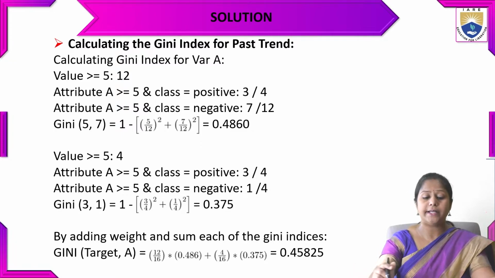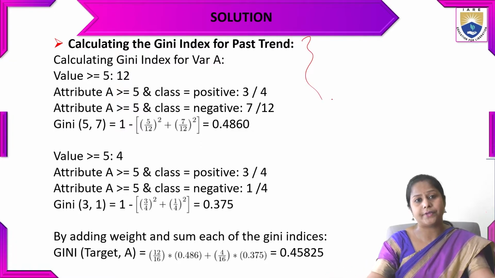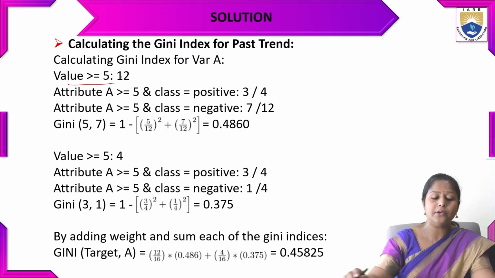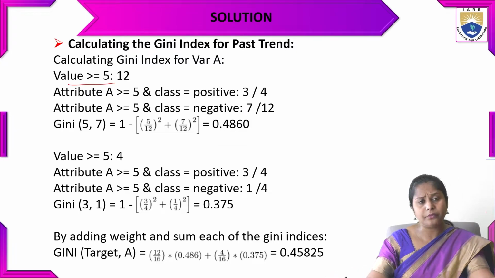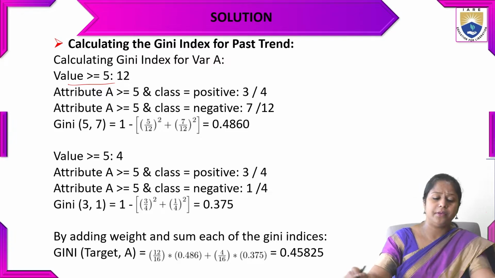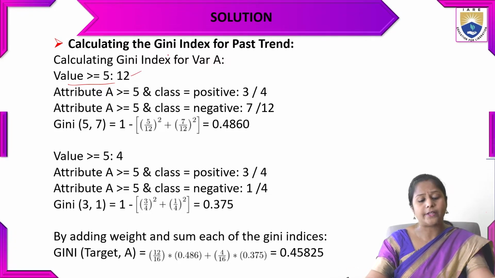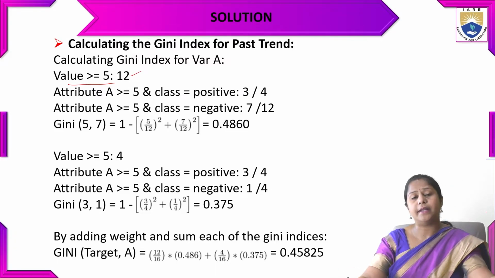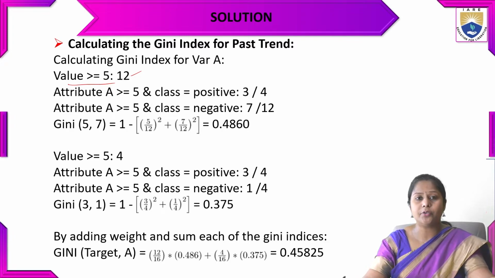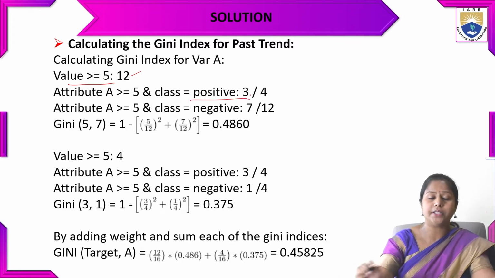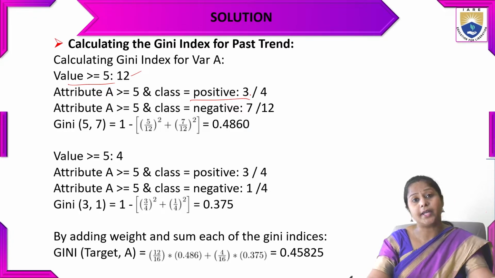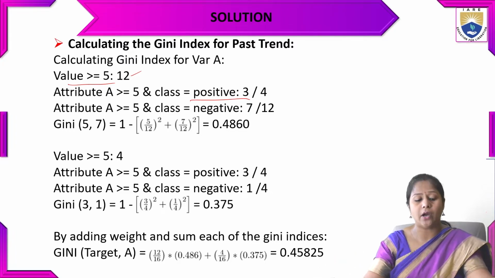Now, for calculating the Gini index, we look at the past trend. Calculating the Gini index for variable A: if A is greater than or equal to 5 and the class is positive, there are 3 instances. So we have to calculate how many times positive has occurred when the attribute is greater than or equal to 5.